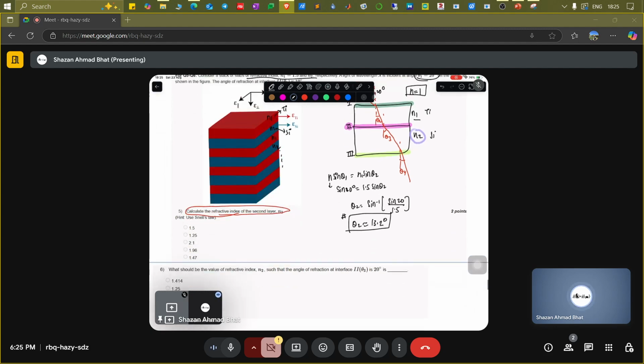Now that you have found theta 2, you apply similar logic. At the second interface, n1 sine theta 2 is equal to n2 sine theta 3. You can write n2 as n1 sine theta 2, because theta 2 you have obtained, divided by sine theta 3.